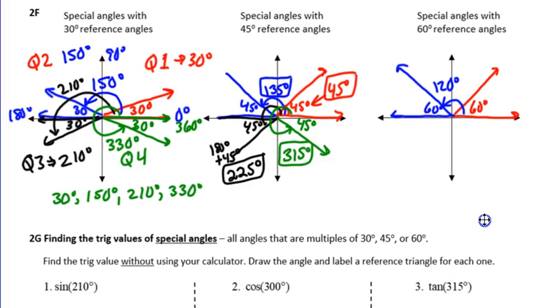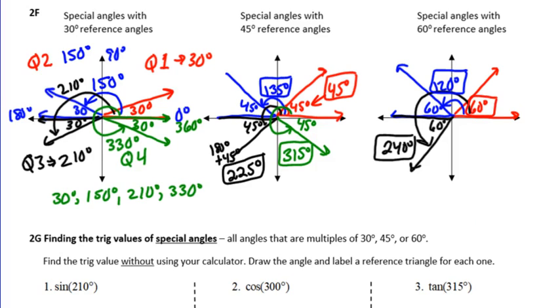If we draw our 60-degree reference angle in quadrant 3, that corresponds to a 240-degree angle in quadrant 3. So let me put my box around all these 4 important angles.